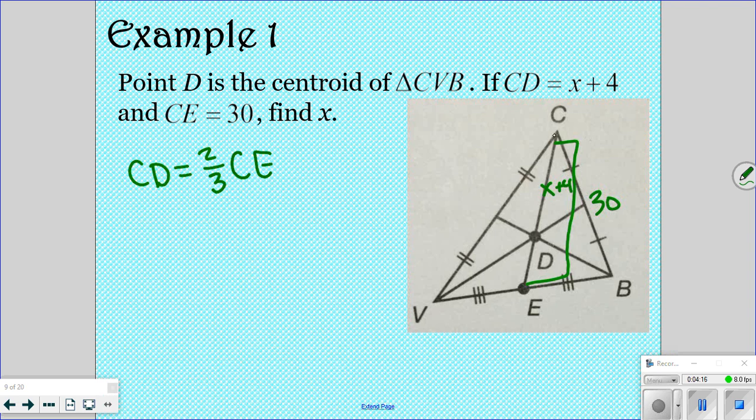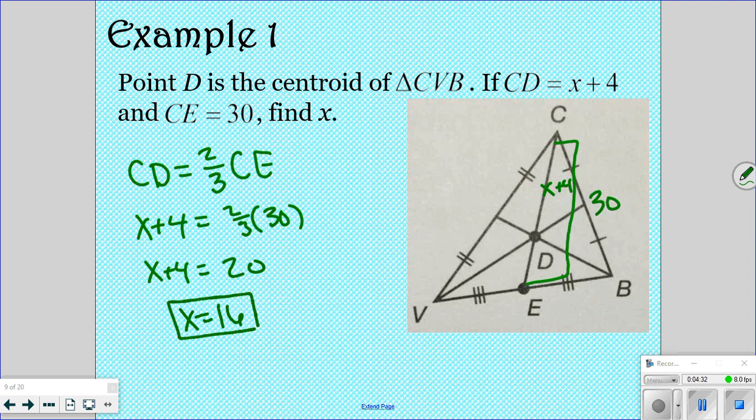This part here is 2/3 of the total. So CD is x plus 4, and 2/3 of 30 is 20. So x would equal 16. So that would be your value there. If you look over here, if this whole thing is 30, 2/3 of 30 is 20, and 1/3 would be 10. So this length here would be 10, and then this length here would be 20.